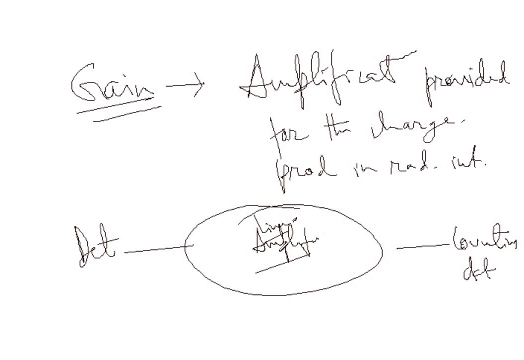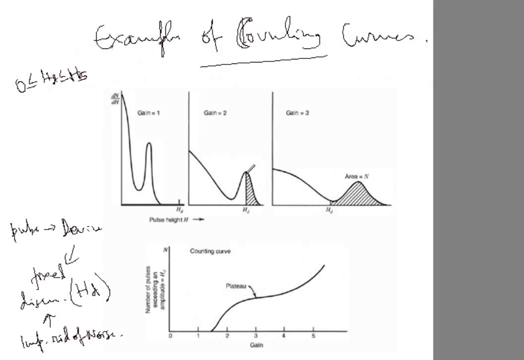Now, as I was saying, we can vary the amplification factor in the linear amplifier, right? The figure that I showed you previously basically shows the differential pulse height distribution corresponding to 3 different measurements, where we have 3 different values of voltage gain or amplification.